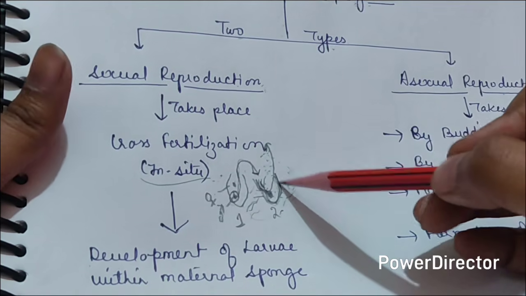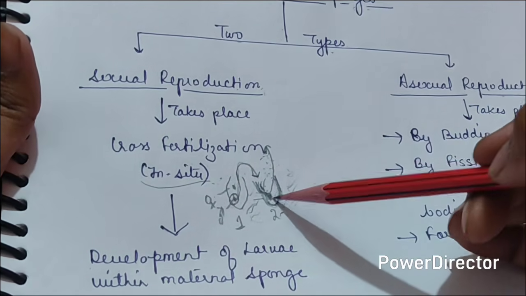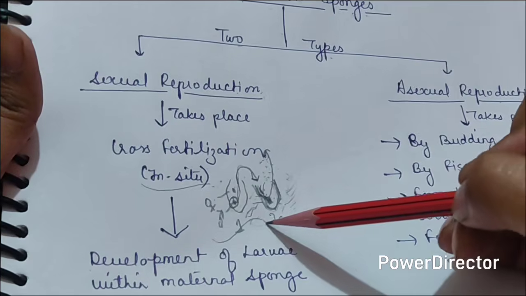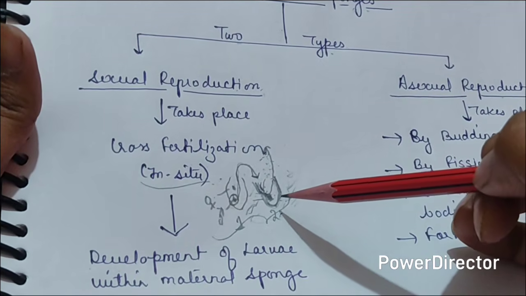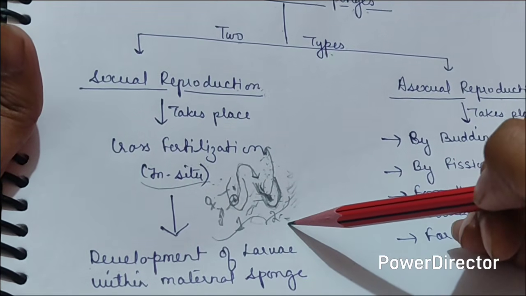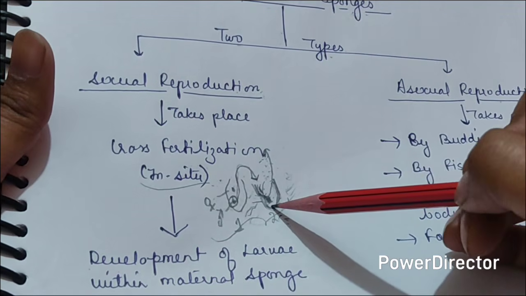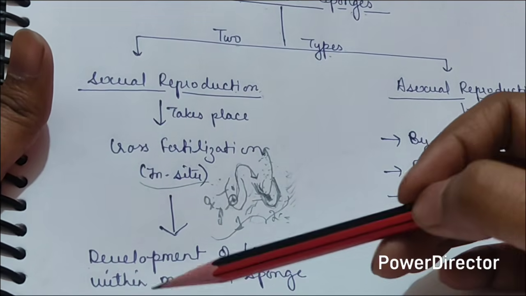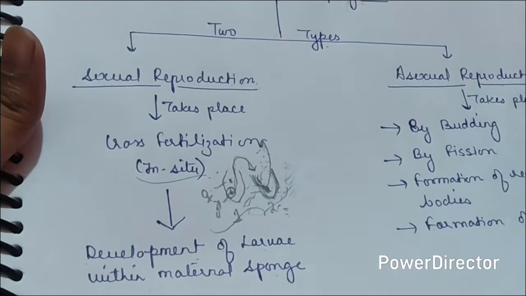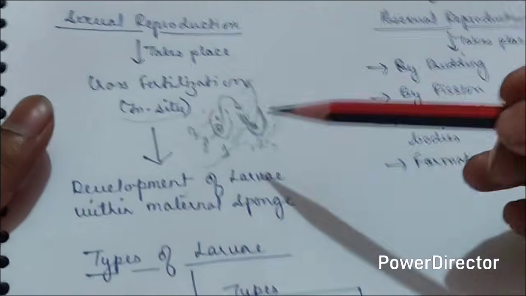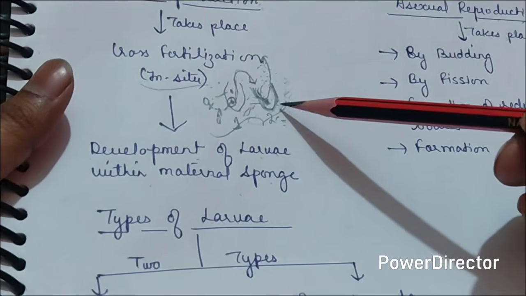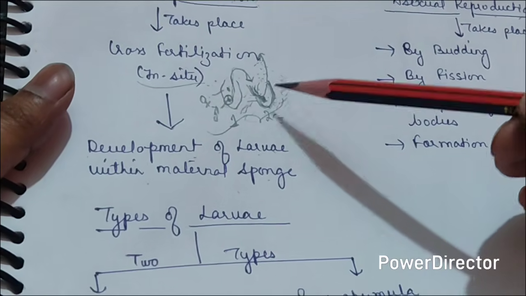So this type of fertilization is the in situ or internal fertilization, and this is how the cross fertilization in the sponges or the poriferan takes place. Now after the fertilization there is a development of larva within the maternal sponge. After that what happens कि larva का development होता है within the maternal sponge.